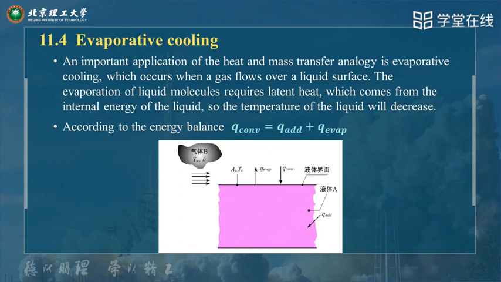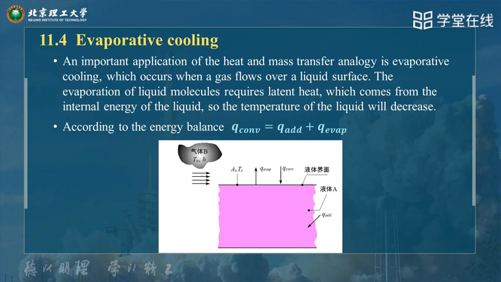Okay, we just discussed the analogy. It's a famous analogy. So in some conditions, heat transfer and mass transfer are similar. We can use the Reynolds analogy to calculate the heat transfer coefficient and mass transfer coefficient.